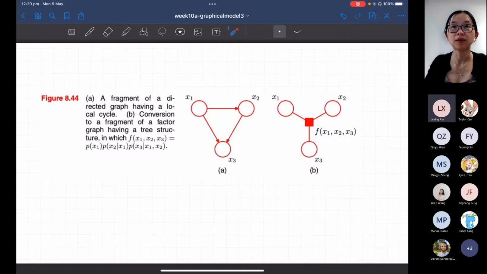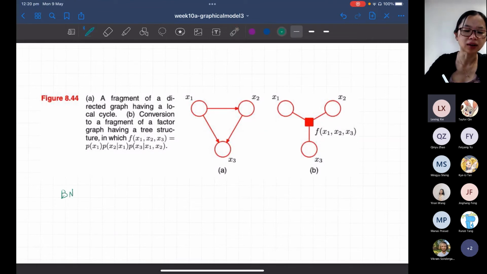Here's another directed graph with the head-head pattern and also with another edge, right? So if we treat this as a Bayes net, we essentially have no representational savings. Basically, this is a fully general factorization of the joint probability.